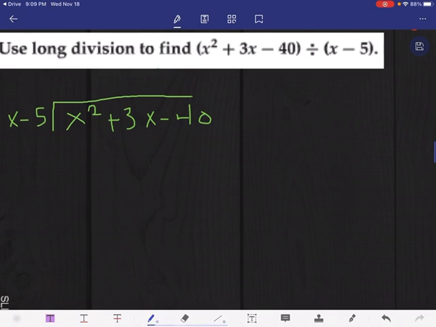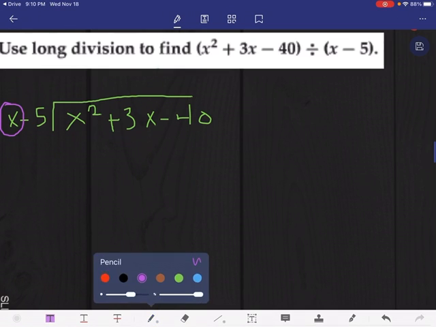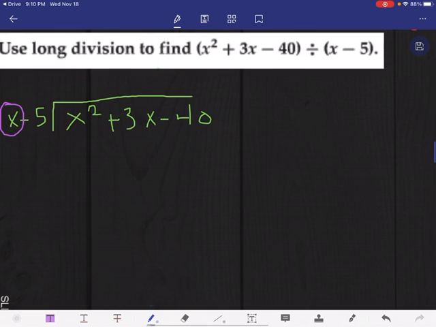And so our process is going to be very similar. I want to just really focus on my x. And so my first process is I'm saying, okay, what do I need to multiply x by to get x squared? Well, I would need to multiply x by x in order to get x squared.